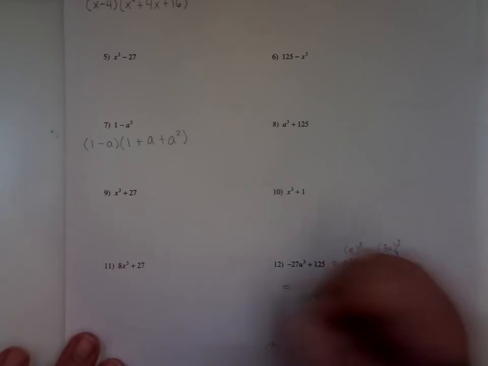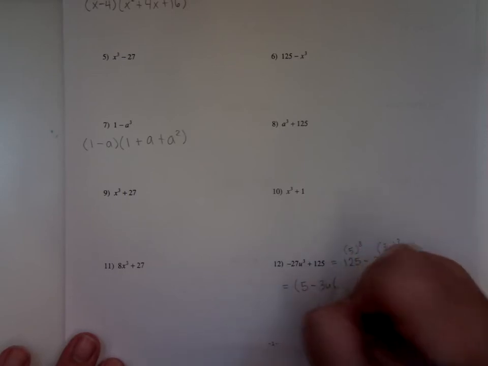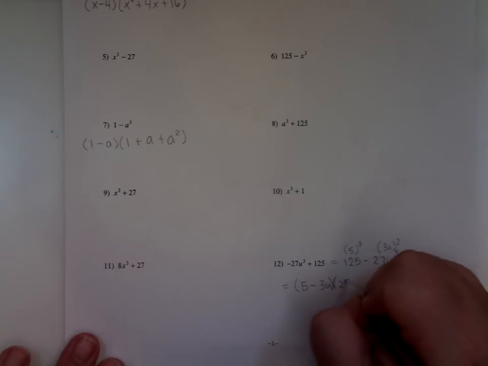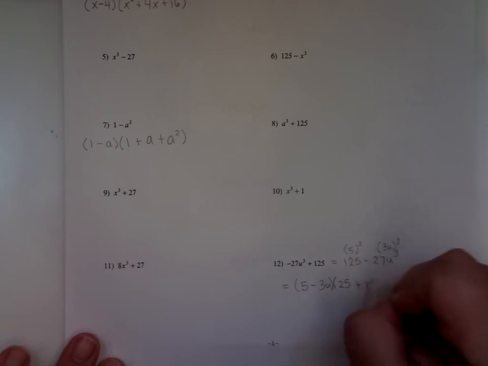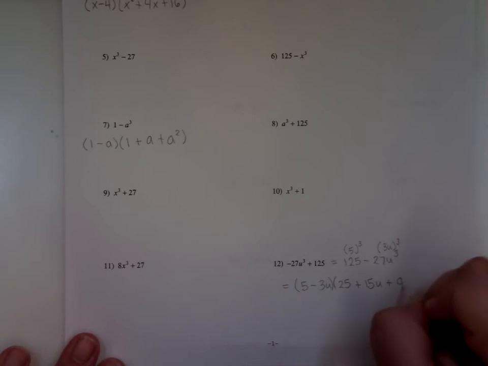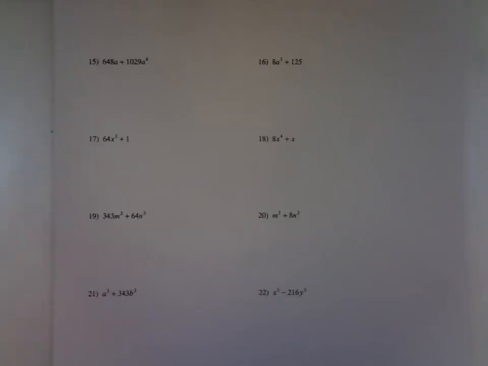So we've got 5 minus 3u times 25 plus 5 times 3u, which is going to be 15u, plus 3u all squared, which is going to be 9u squared. And that's pretty much it. There's just lots more examples on the back.